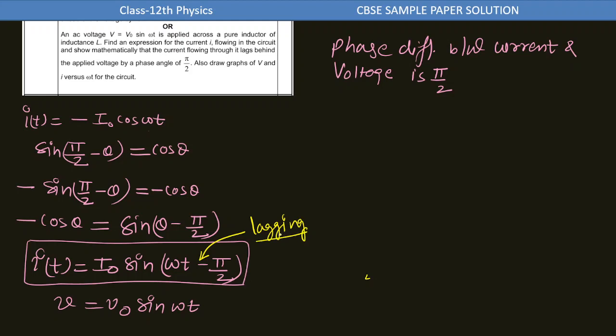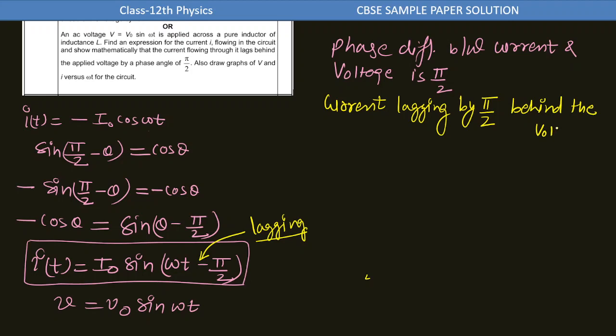Current is lagging by pi by 2 behind the voltage. Okay.